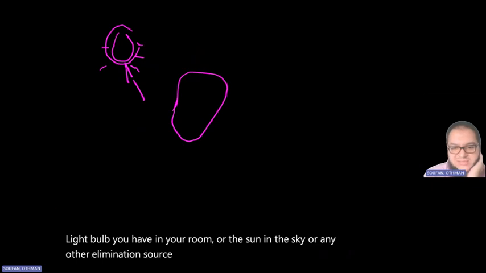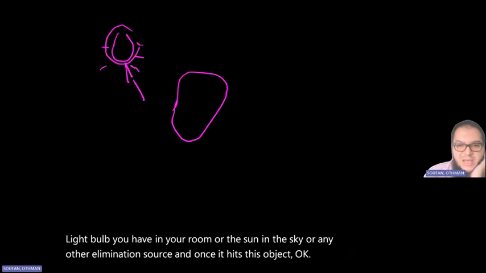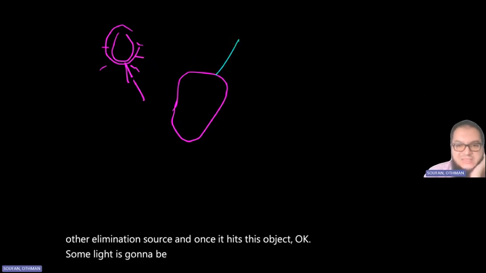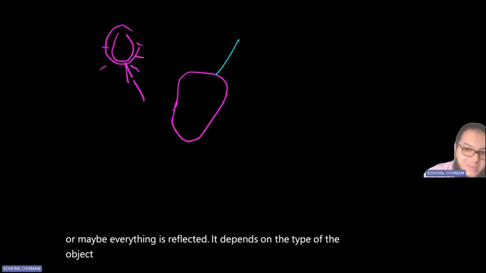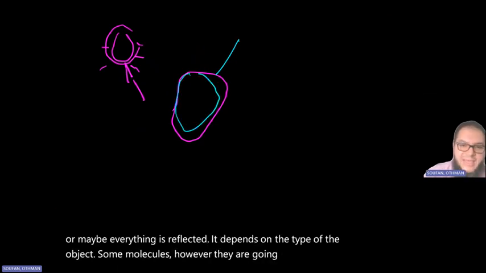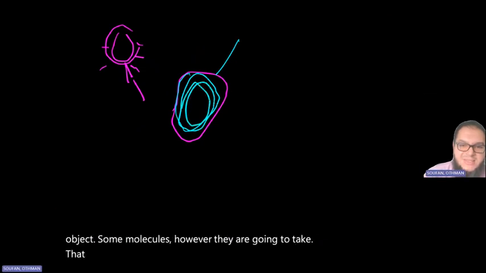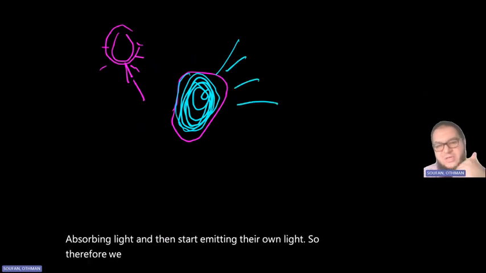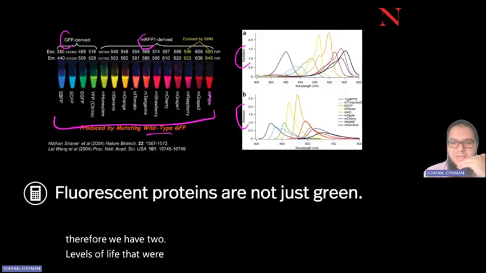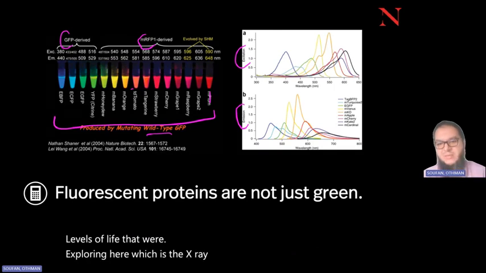And once it hits this object, some light is going to be reflected, some is going to be absorbed, or maybe everything is reflected. It depends on the type of the object. Some molecules, however, are going to take that and start absorbing light and then start emitting their own light. So therefore, we have two levels of light that we're exploring here, which are the excitation and emission.